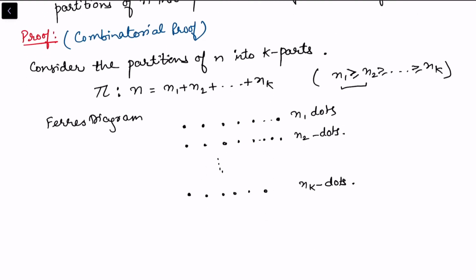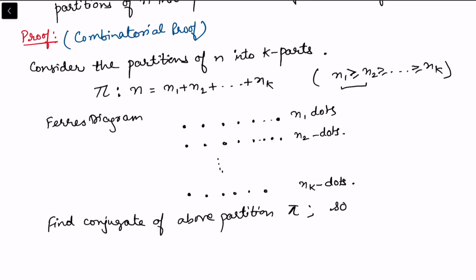Now what we do is find its conjugate. Find the conjugate of the above partition. My above partition is pi, so we find pi dash, or sometimes we call this conjugate pi c also. Pi dash stands for transpose, pi c stands for conjugate.